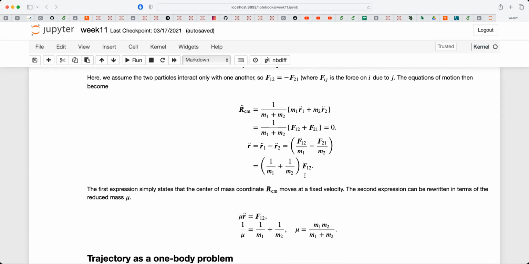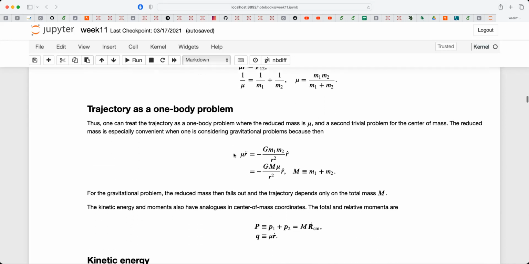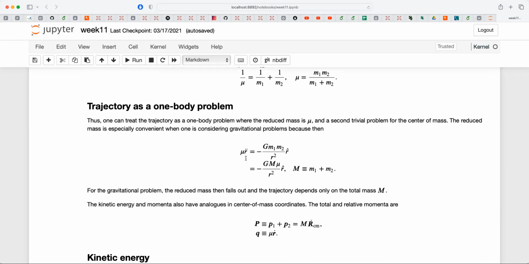We can rewrite the equation of motion like this, and the second derivative of the center of mass motion, which is the same as the acceleration in that frame, which again is a derivative of the central mass force, is equal to 0, which means that the total linear momentum is a conserved quantity. And we could then rewrite the equation of motion in the relative coordinates in terms of this equation here. And this is the equation which we can actually solve analytically. But in order to get there, we need to go through some technicalities.